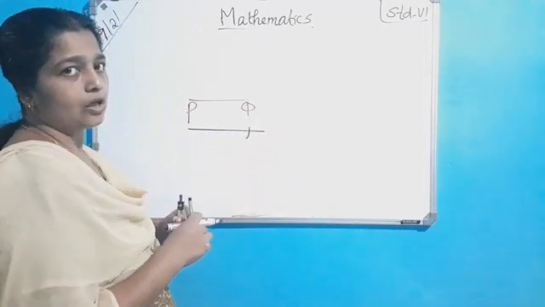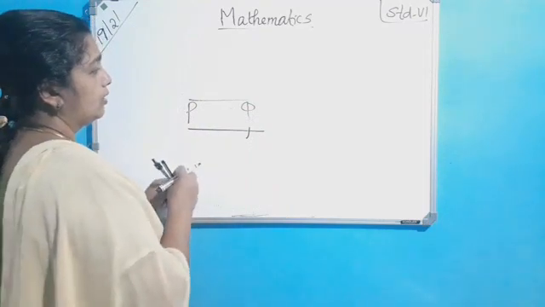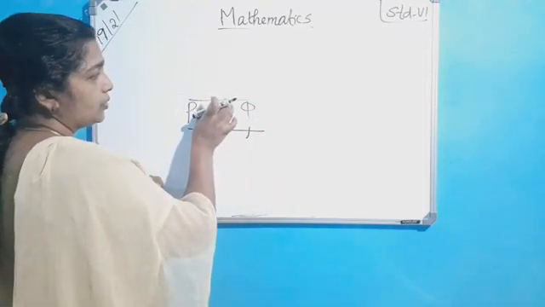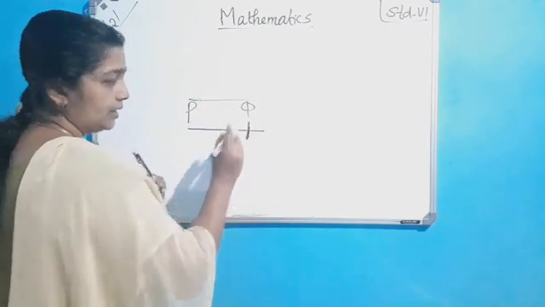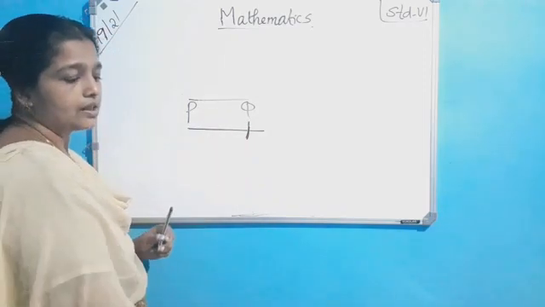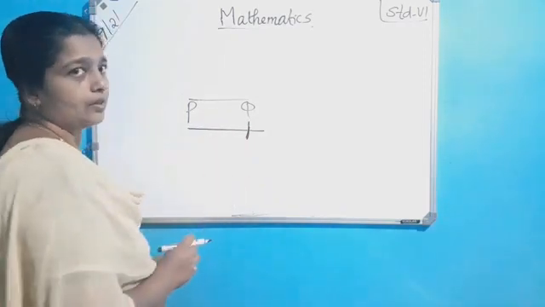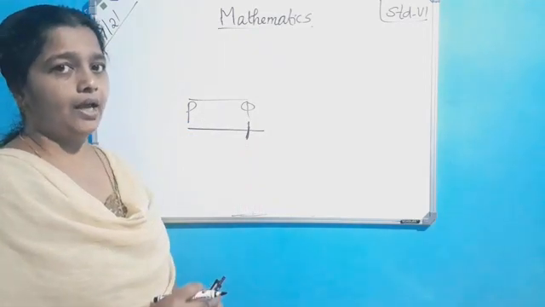This is the copy. Once more, take the measurement using scale or compass, then cut here. This is the copy of PQ. You take the measurement from your own scale and you will get the answer.